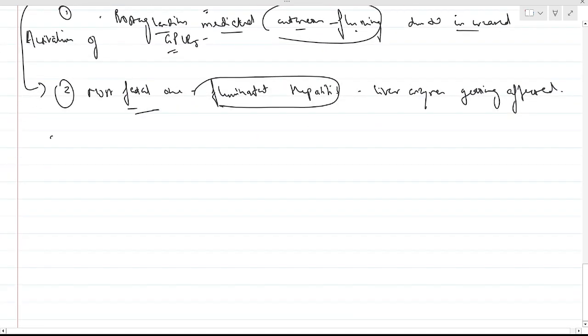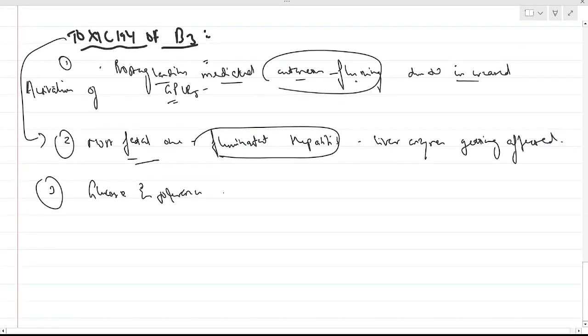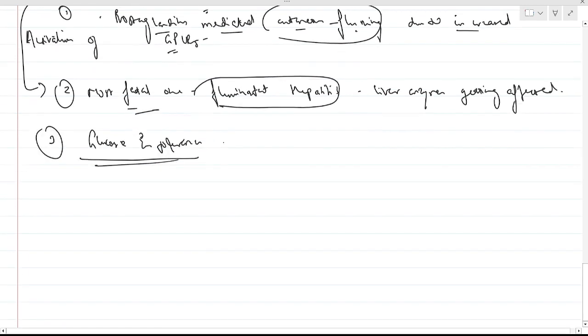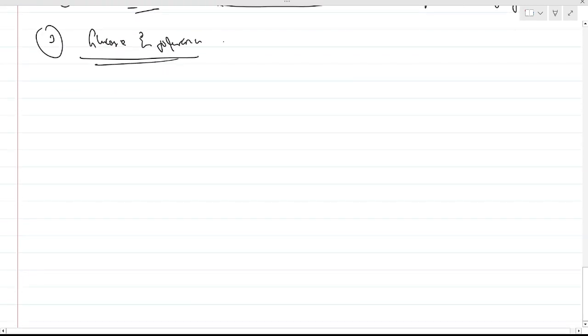The third one we are going to see, most commonly seen, is glucose intolerance. So in B3 toxicity, it also leads to glucose intolerance. So the toxicity of B3 is an important concept, and remembering all these facts is important clinically.